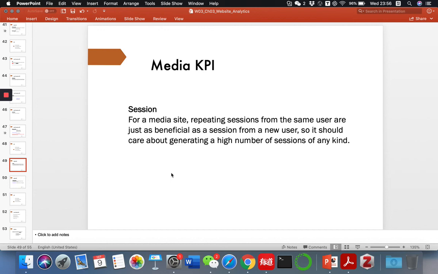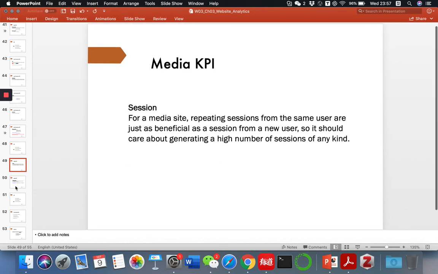And repeating sessions are just as beneficial as a session from a new user, because the most important thing for media websites is to engage people, to be involved in and show interest in the news they create or broadcast.